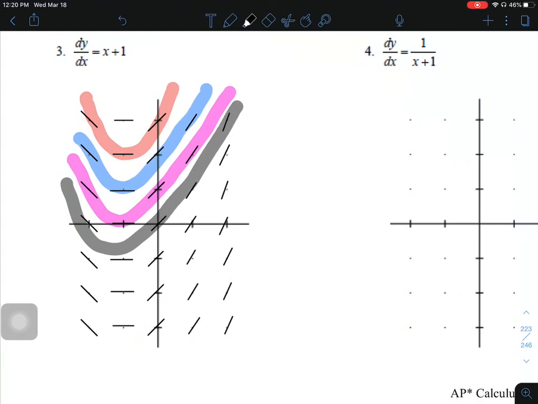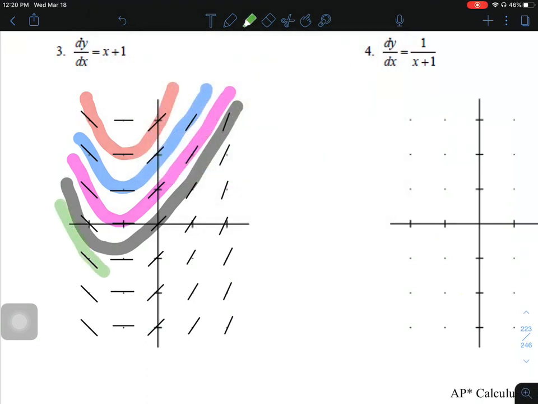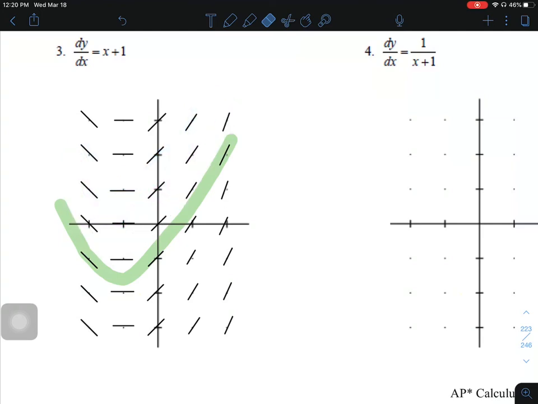Because if I were to draw each of those graphs, those little tick marks that I have there represent the slope of the curves as we continue.